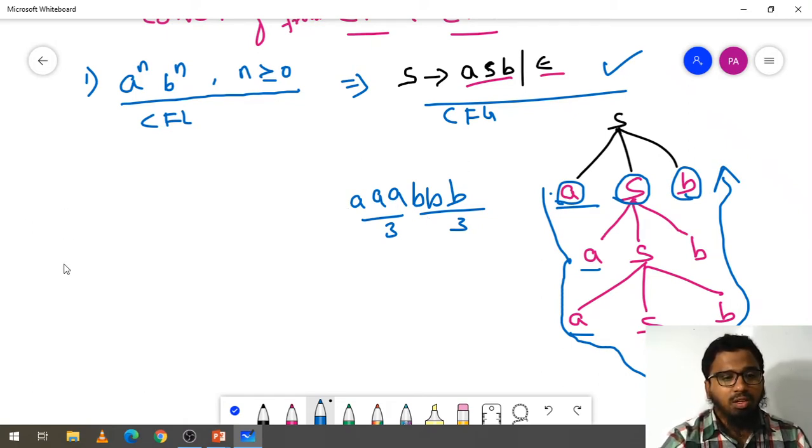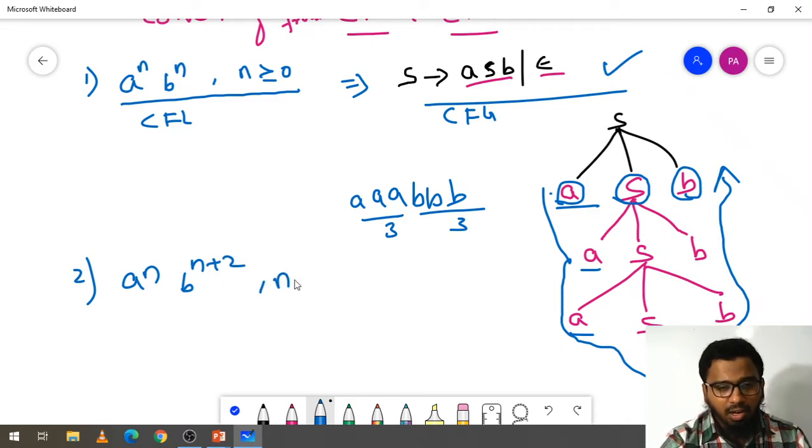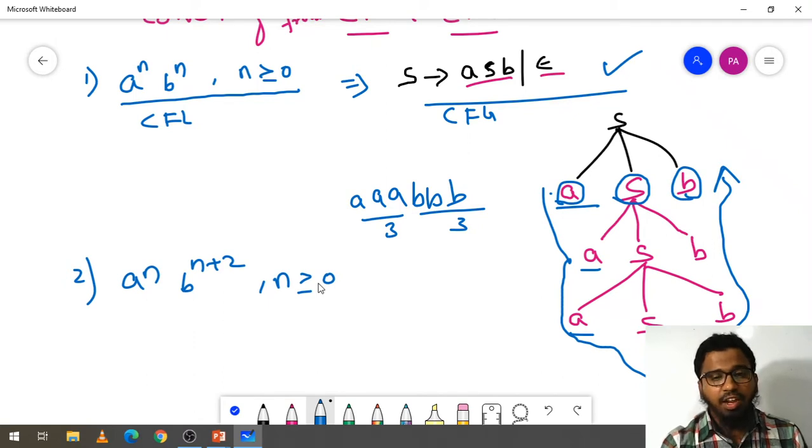Second example: take a power n, b power n plus 2, n greater than or equal to 0. For this, how can you make the grammar?